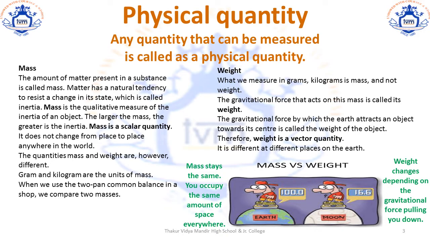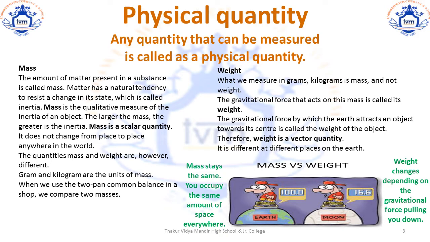A simple example to remember, you can observe the picture. The mass of the boy with the red cap is the same on earth as well as on moon, but his weight differs. Earth is massive and much denser than the moon, so it has far more gravitational pull and pulls you down more. You can see the weight of the boy is 100 kgs on earth, while the moon is 81 times smaller as compared to earth, so it pulls you down less.